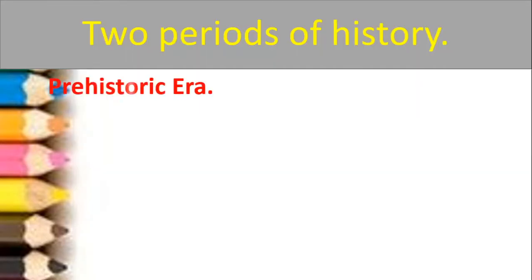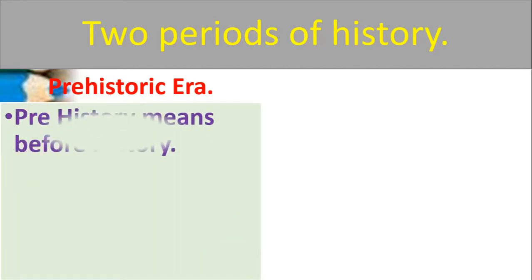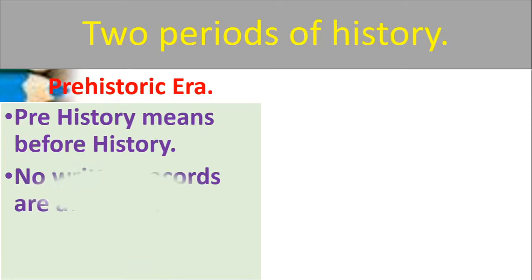So the two periods of history are the prehistoric era, that is the time before history. Prehistory means time before history. Okay, and here there were no written records available. Nothing was written because people did not know how to write. So no written records of prehistory are available with us.